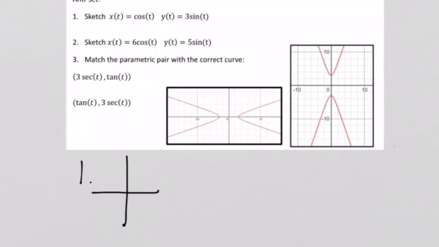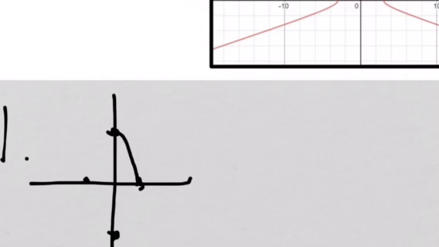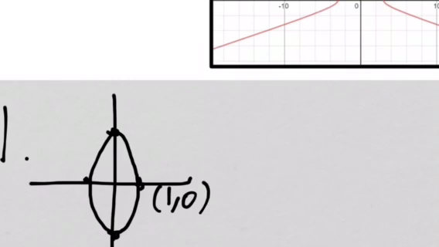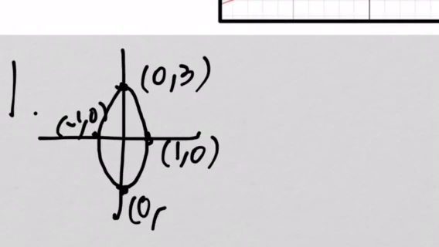We can just put some points down and then draw our ellipse. And we should label this as being 1, 0, 0, 3, negative 1, 0, and then 0, negative 3.